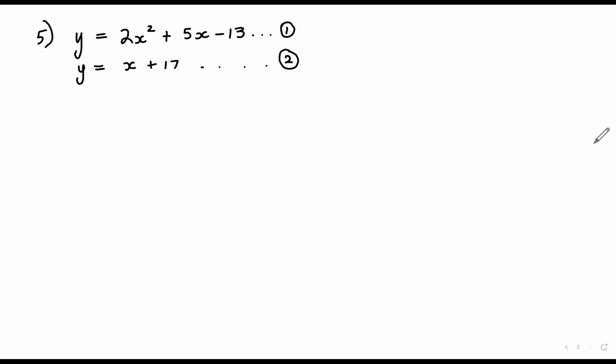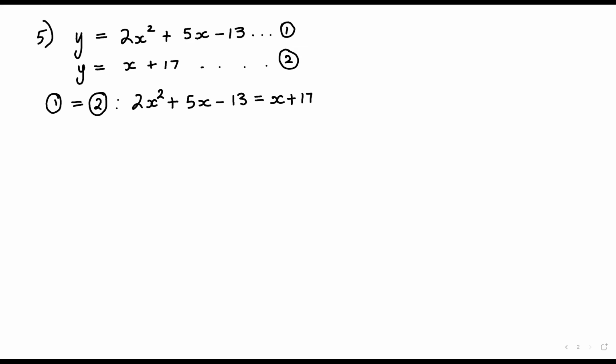Again, in this one, both of them are equal to y, so you can equate the equations. You could say equation 1 is equal to equation 2, since they're both equal to y. So that would leave us with 2x squared plus 5x minus 13 is equal to x plus 17.